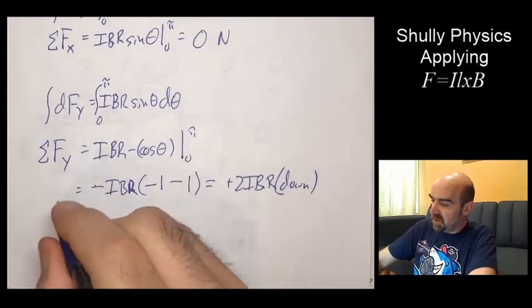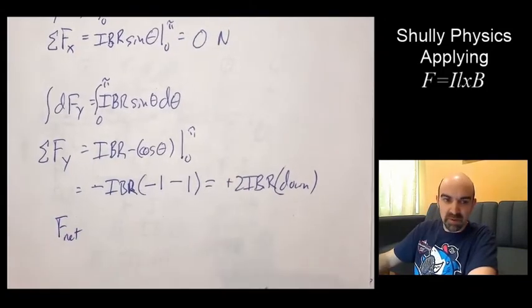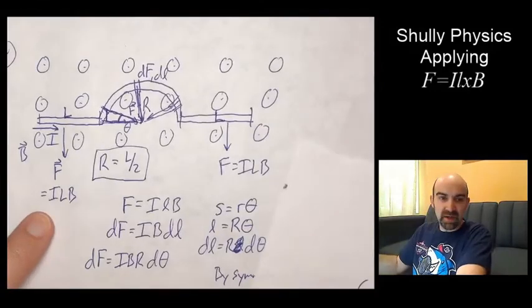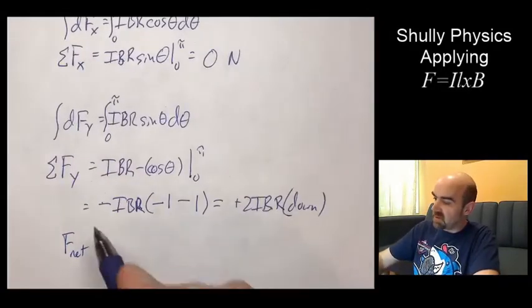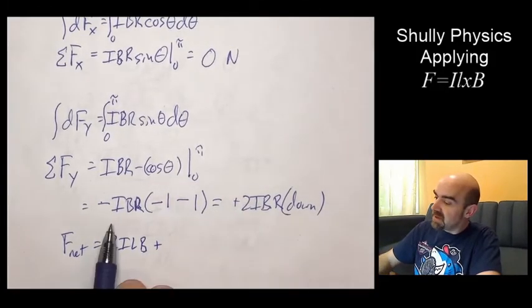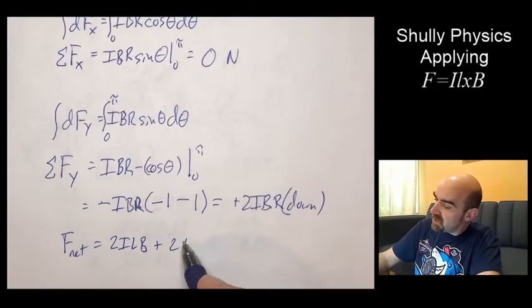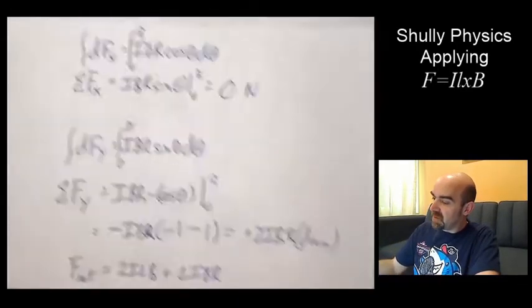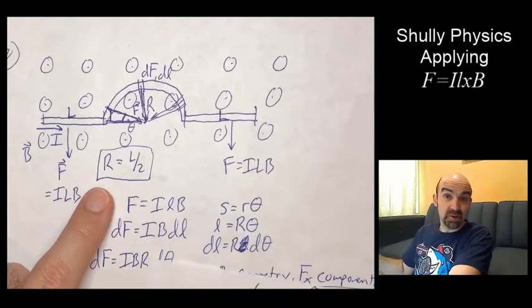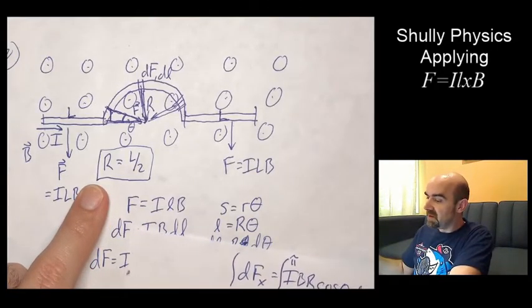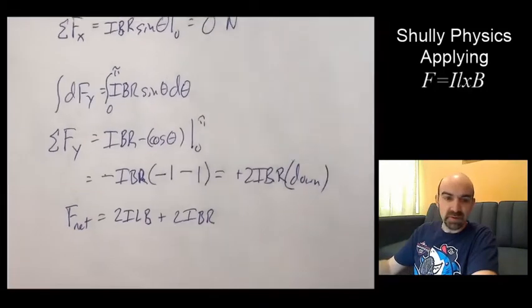All right, so our net force on the whole segment is 2 ILBs from those two side segments plus 2 IBR. But remember, I made a little definition up here. R is length over 2. So each R is L over 2.